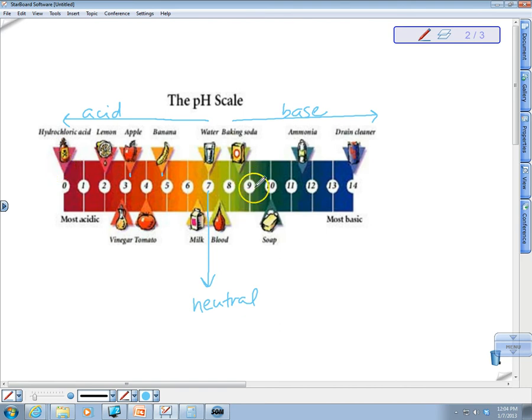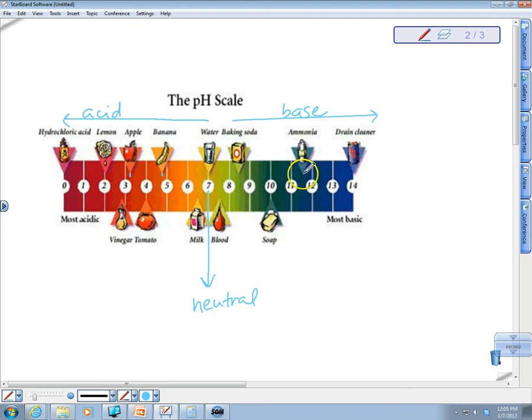On the basic side, we have lots of things that are basic. We've got baking soda. The pH is a little bit more than 8, so like 8.5. So it's not very basic, just slightly. Soap usually has a pH of about 10.